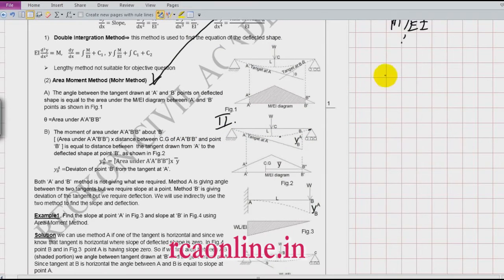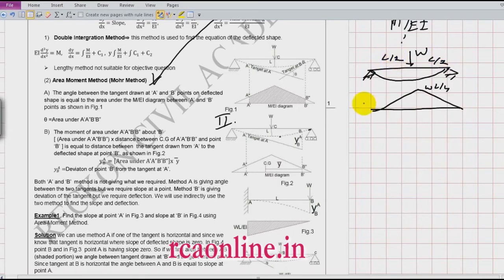So let us again take a symmetrical beam with a point load at its center W. Its deflected shape will be something like this, and its bending moment diagram will be WL by 4, L by 2, L by 2. Okay. Now, if I draw a tangent from the center, this point, and take the moment about this point, means what I am doing?